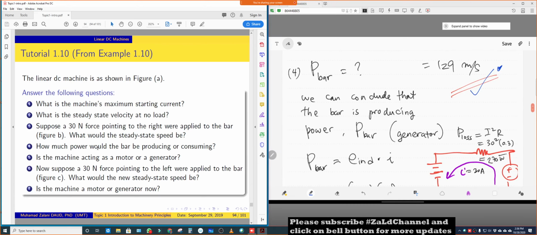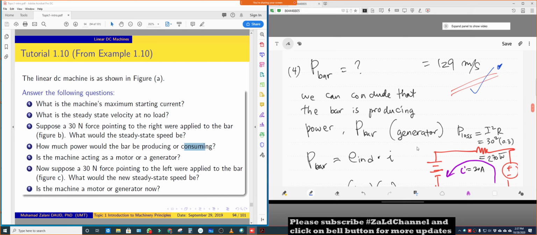Question number 4, how much power will the bar be producing or consuming? In the question, it is either producing or consuming at the bar side. Now we want to find power at the bar side, so we want to find P bar. We can conclude that the bar is producing power. Why? Because the bar is now working as a generator.